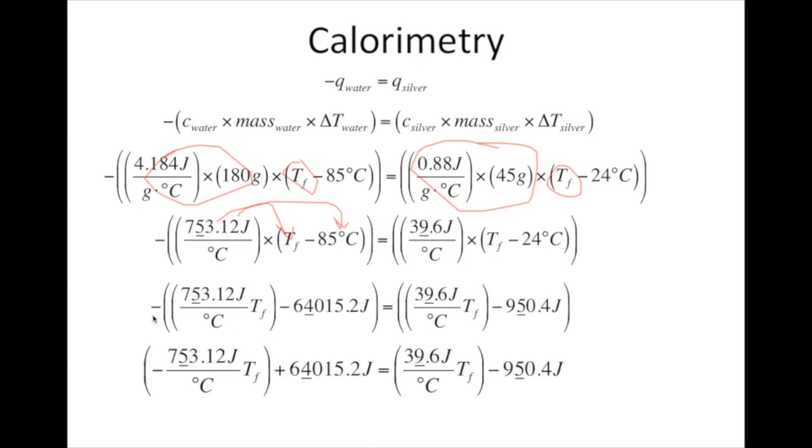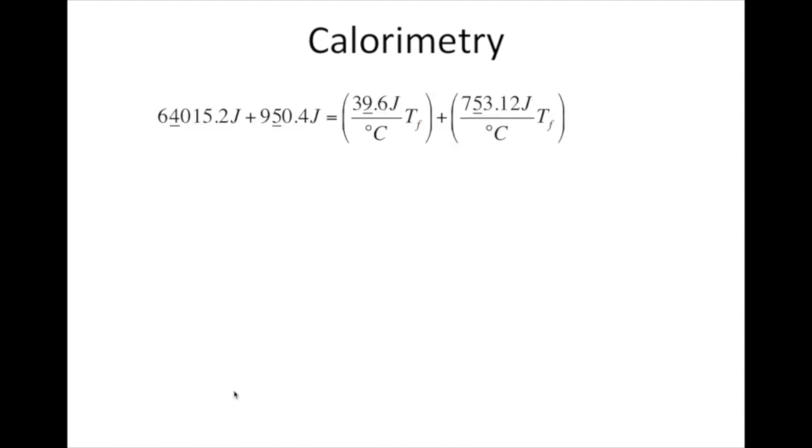Then I multiplied through by my negative sign here on the left side in order to get that out of the way. Now I just moved my terms over to get the temperature finals on the same side and the other terms on the same side. Then I add those two together, and then I add these two terms together.